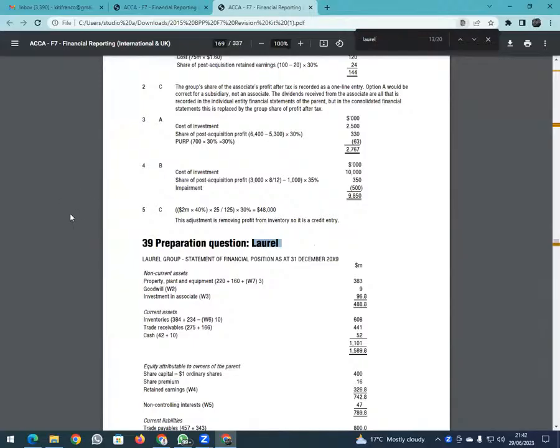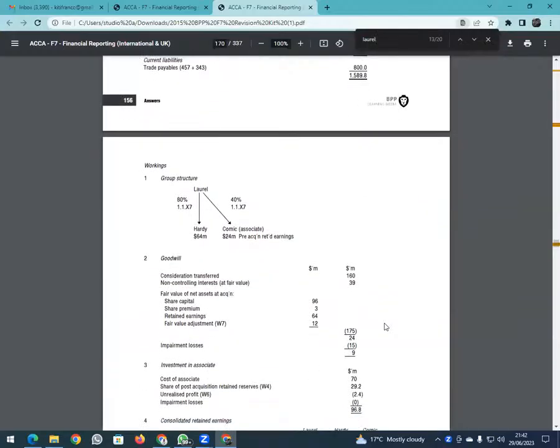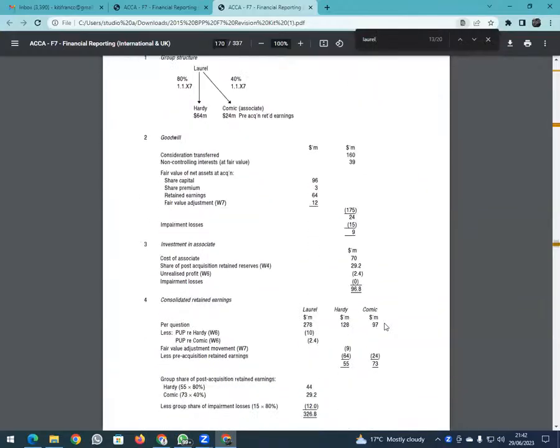So you can see like goodwill, if you're able to see my book here, they are getting 9. If you look at, for example, non-controlling interest, if you remember, they are getting 47. Quite interesting. The only thing is that they use a very old method to do these workings here.